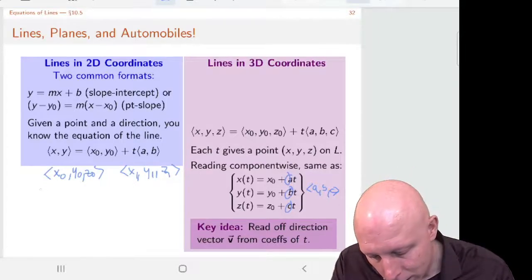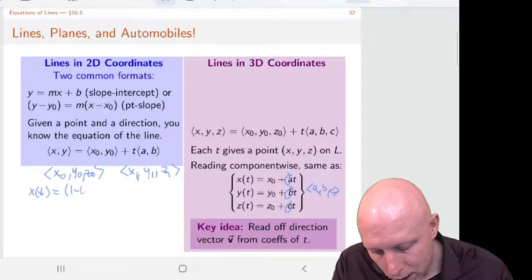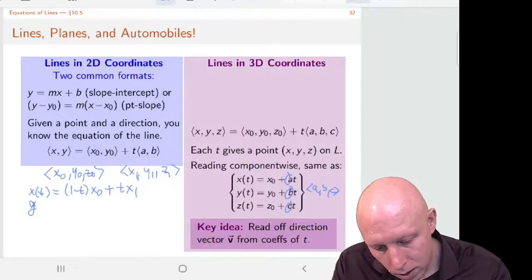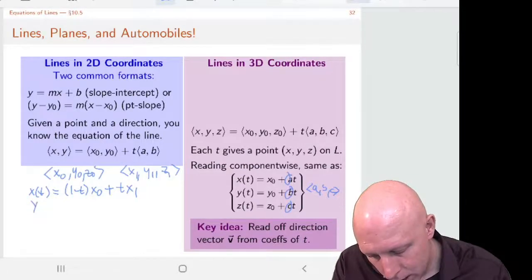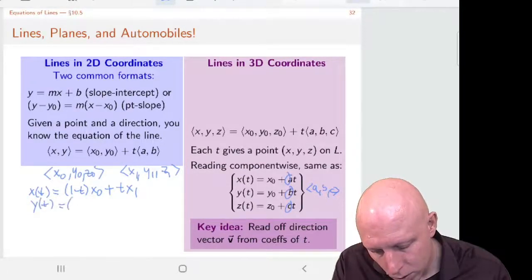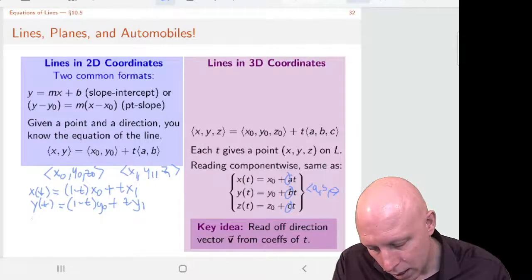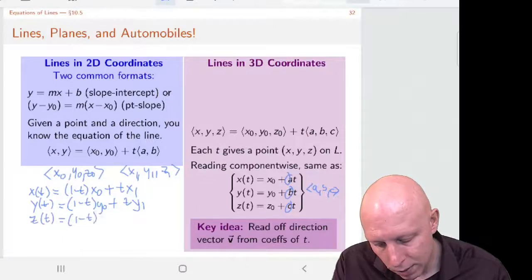We write x of t is equal to 1 minus t times x naught plus t times x1. Or y of t is equal to 1 minus t times y naught plus t times y1. And then z of t is equal to 1 minus t of z naught plus t times z1.